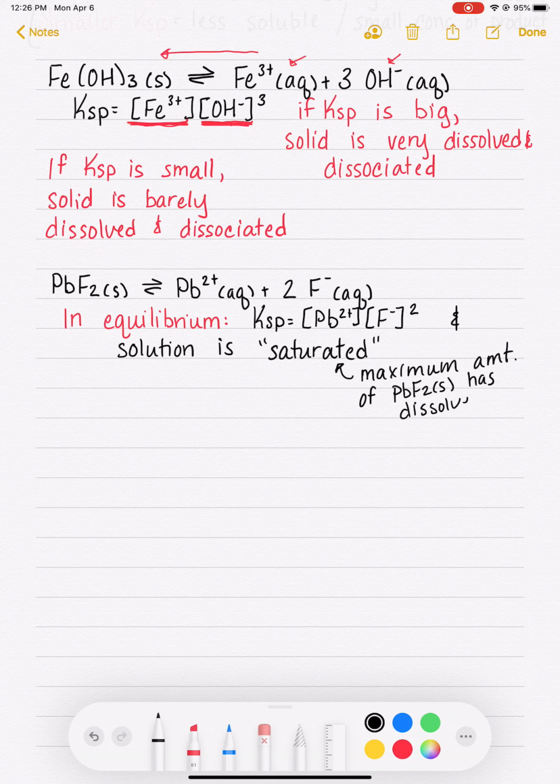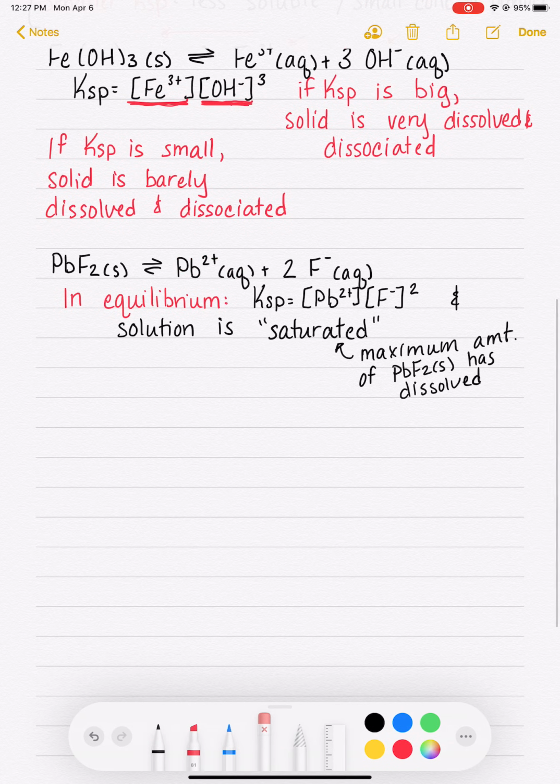So when we are in equilibrium and we've got the maximum amount of this reaction taking place and the maximum amount of our products, we are in a saturated situation. So when we're in equilibrium, we are also saturated. And the KSP is equal to the concentration of the lead 2+ ion and the fluoride ion squared.